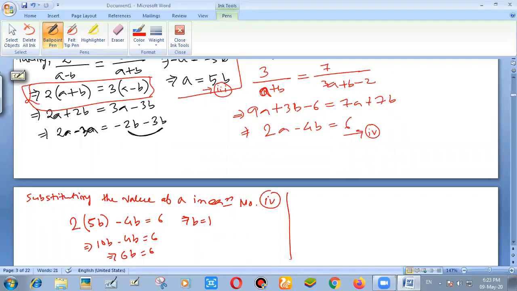So again, substitute the value of b in equation number 4. Okay, Divjyoti, tell me, substitute the value of b in equation number 4 and tell me the answer. That is the value of a.